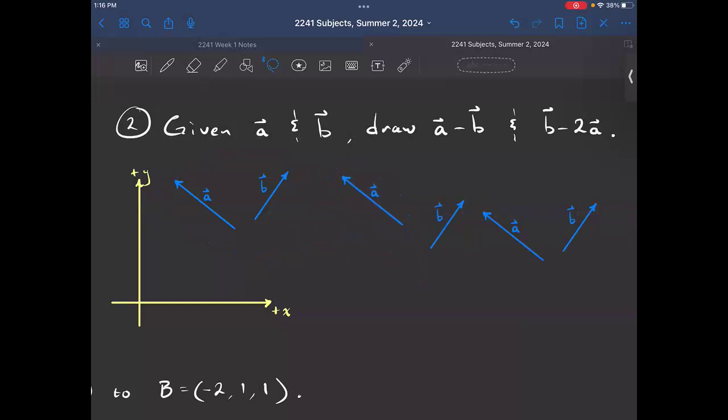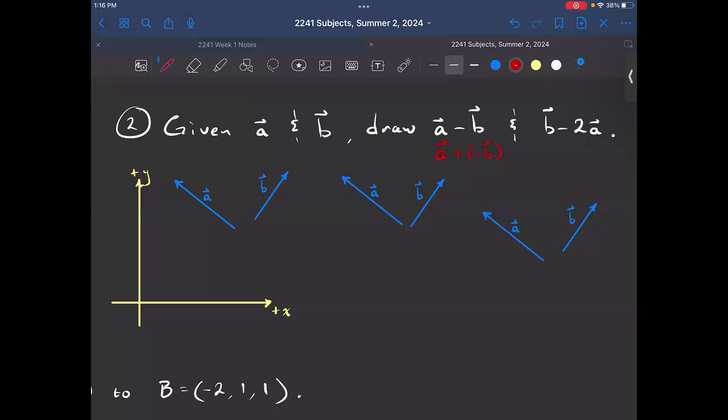So now, remember, for a minus b, we want to think about this as a plus the negative of b. So we actually think of minus b as being a scalar multiple of b first.